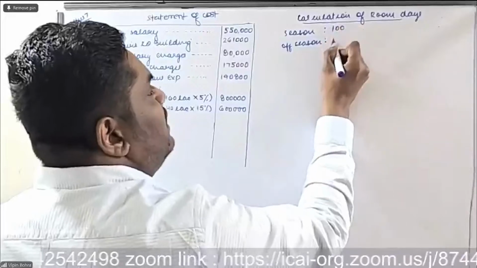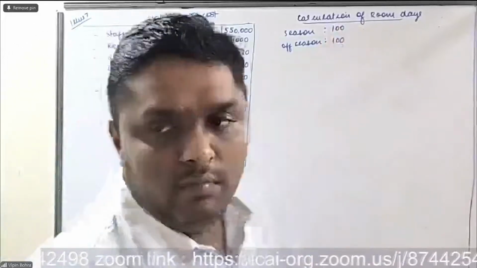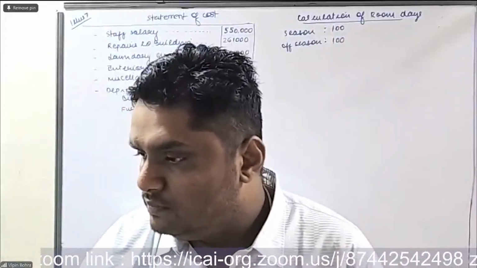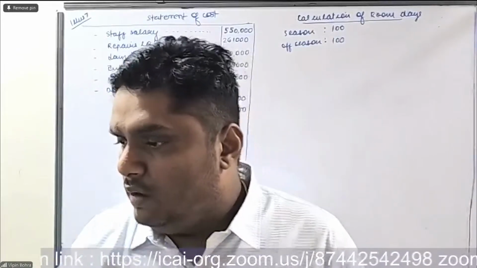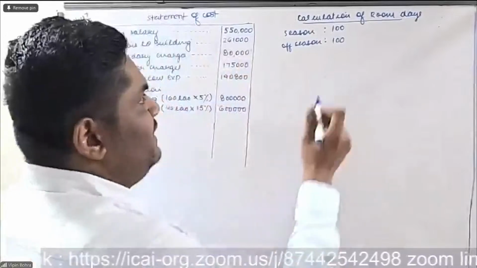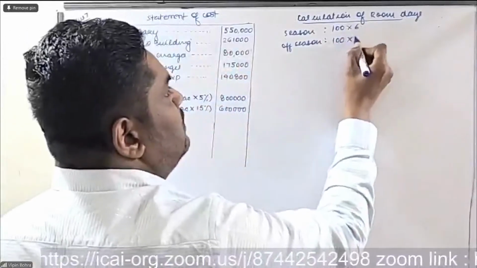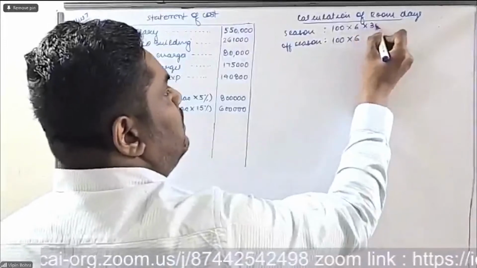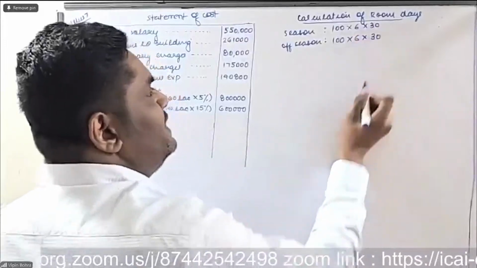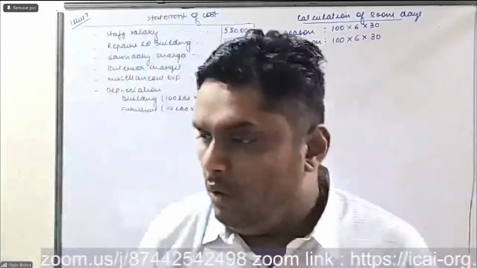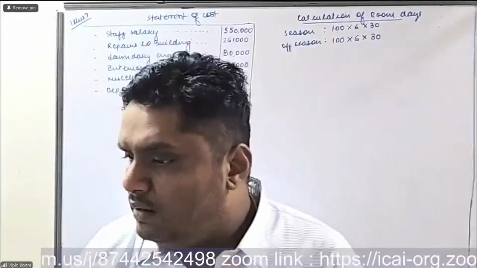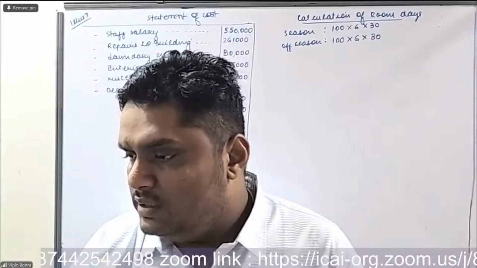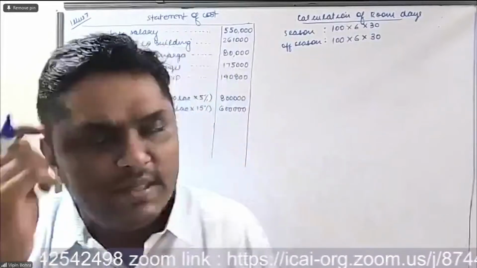Total number of rooms are 100. When talking about season, there are 6 months in season and 6 months in off season, into 30 days in a month. When talking about the occupancy, it is 80% in season and 40% in off season.